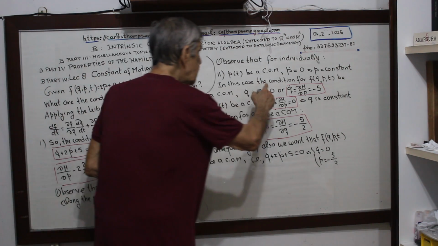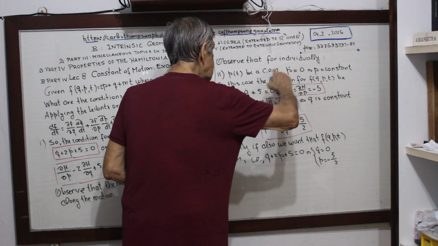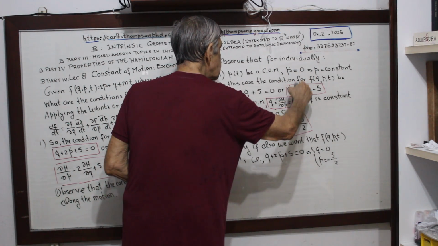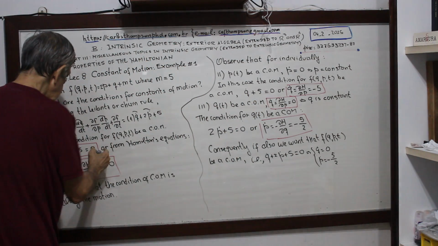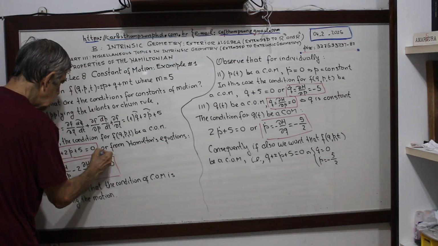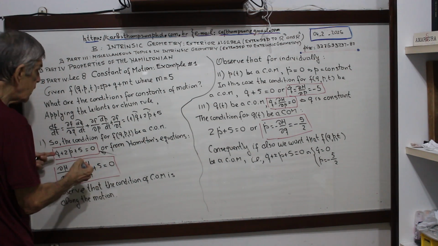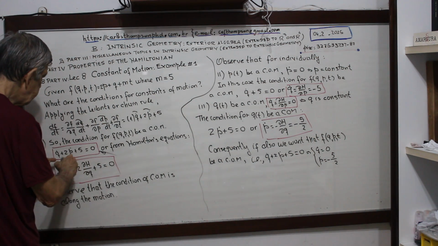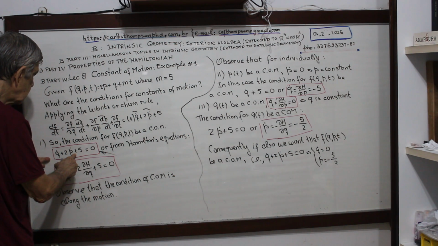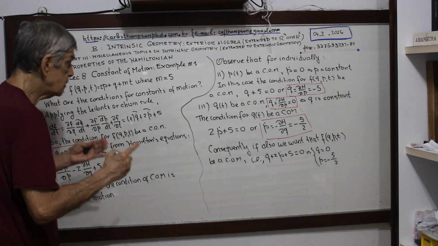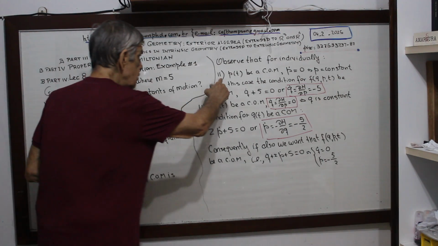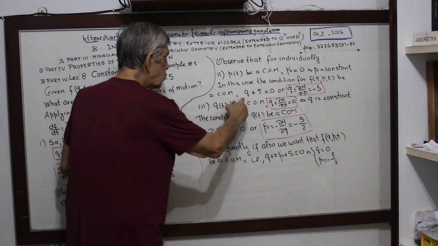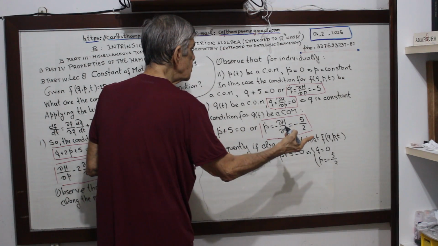Now, in this case, I will use this individual condition and plug it into this equation over here. You see that p dot is equal to 0. So the constant of motion condition for this case 2 is just q dot plus 5 is equal to 0.